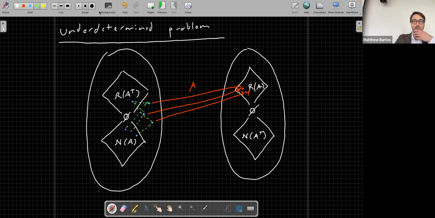So we can write this out. Let's call this point here X hat. These points here, I'll call just V1, V2, V3. All of these map to Y in the codomain.